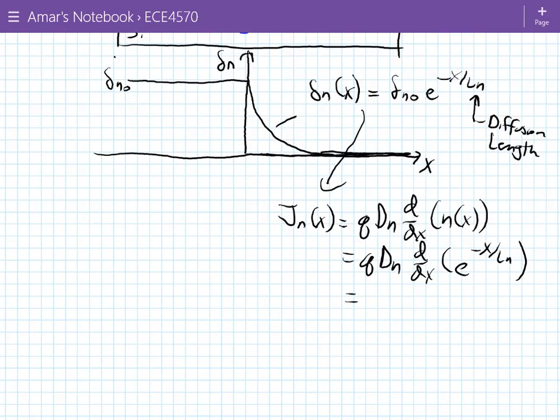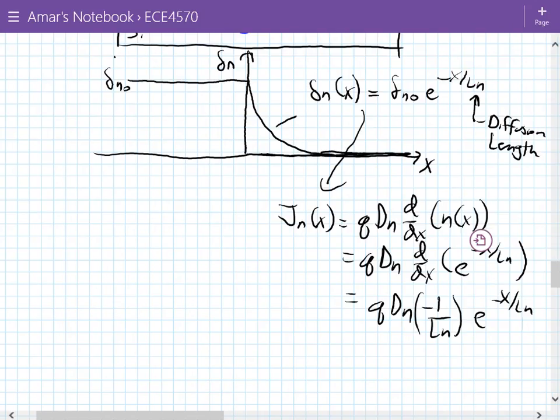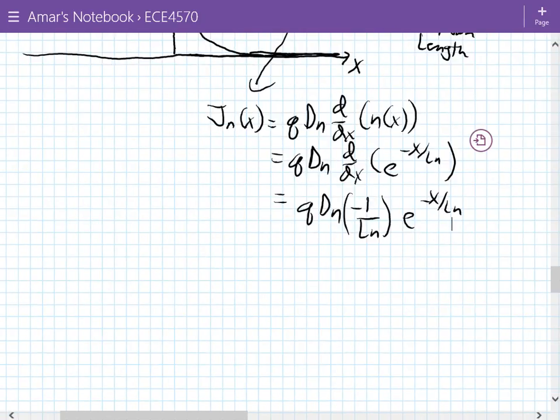Another exponential function. So it's just q times Dn, negative 1 over L sub n multiplied by e to the negative x over L sub n. Right, so just by taking the derivative of the function, we can figure out the diffusion current using Fick's law.